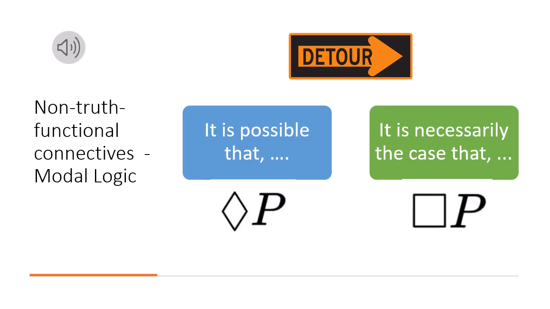Because in those two instances, you'd have to examine all possible worlds and all the different truth values that you would have in order to do that. And so these would be examples of logical connectives that are not truth functional in nature.